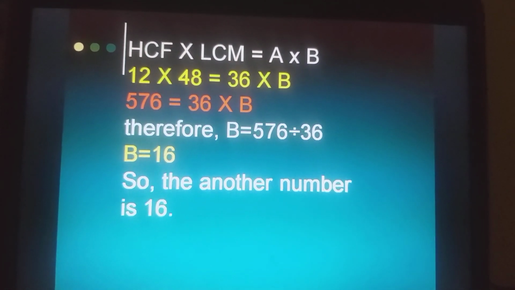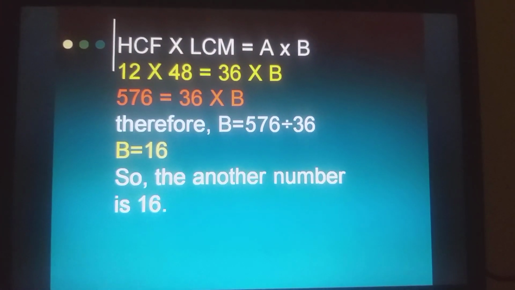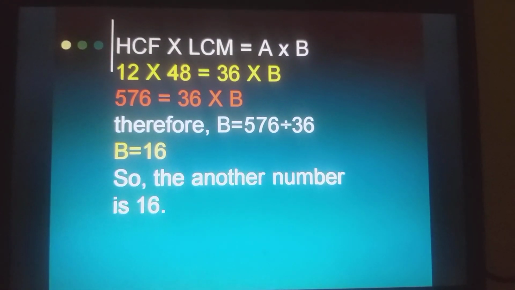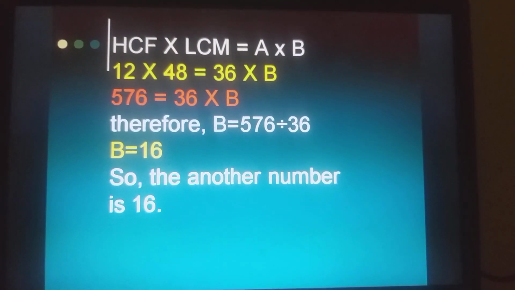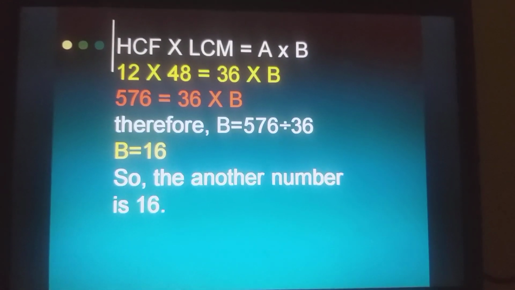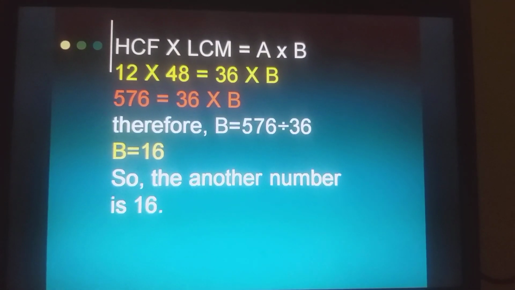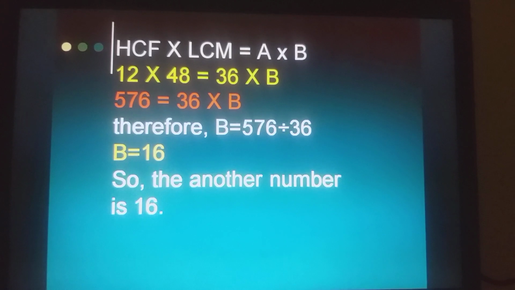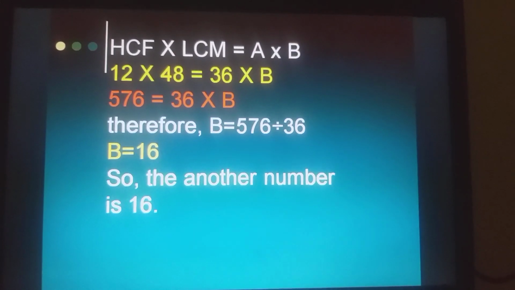The number is 36 and B here we need to calculate. 12 into 48 gives me 576, which is equal to 36 into B. Now over here I want to calculate B. And for calculating B, I am switching the sign that we have already studied before in lesson multiplication and division, that we can switch the sign between multiplication and division. Therefore, we divide 576 by 36. Therefore, the other number, that is B, is equal to 16.